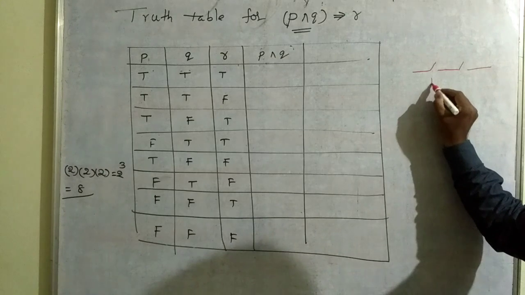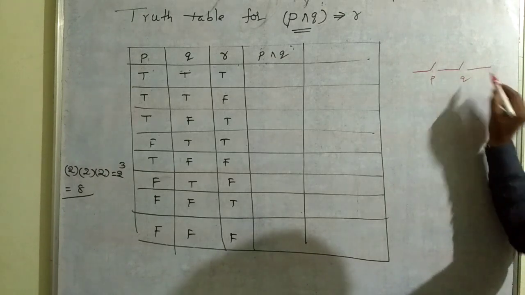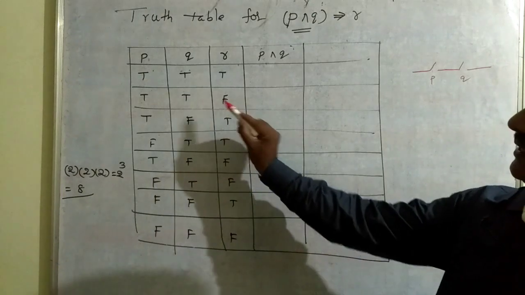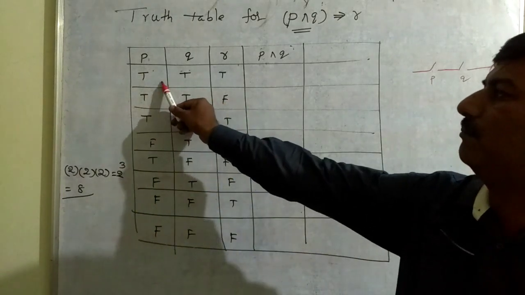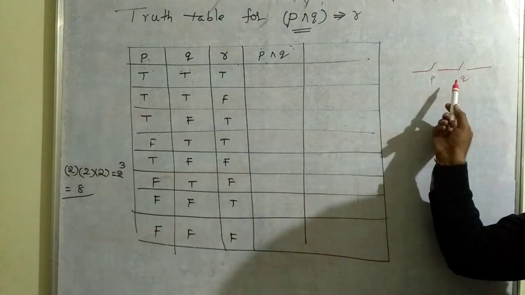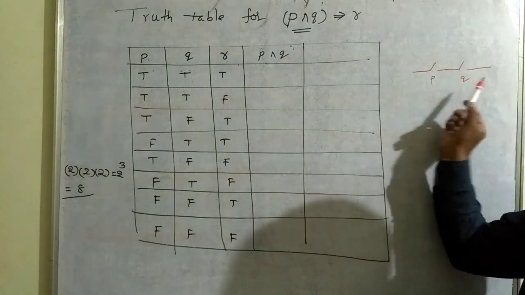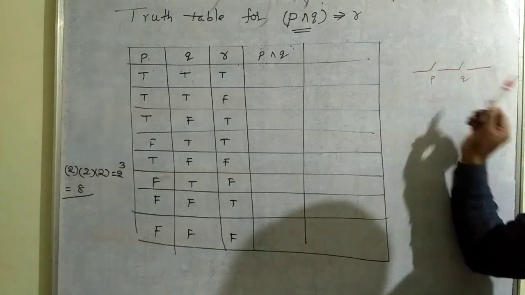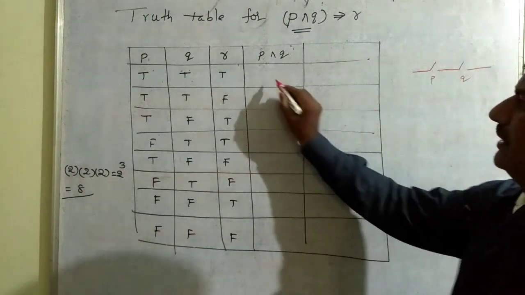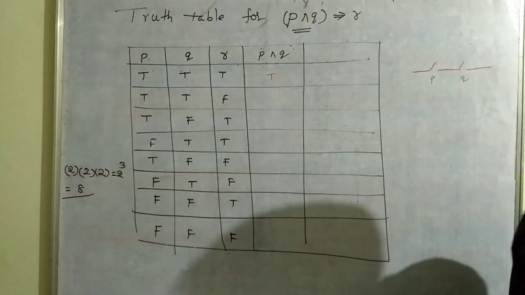That is, we'll get P, this is the P switch and this is the Q switch. We are connecting them in series. Now P true, Q true, that is both are closed. True means closed. P true, Q true means current passes through from starting to ending, so true we will get.